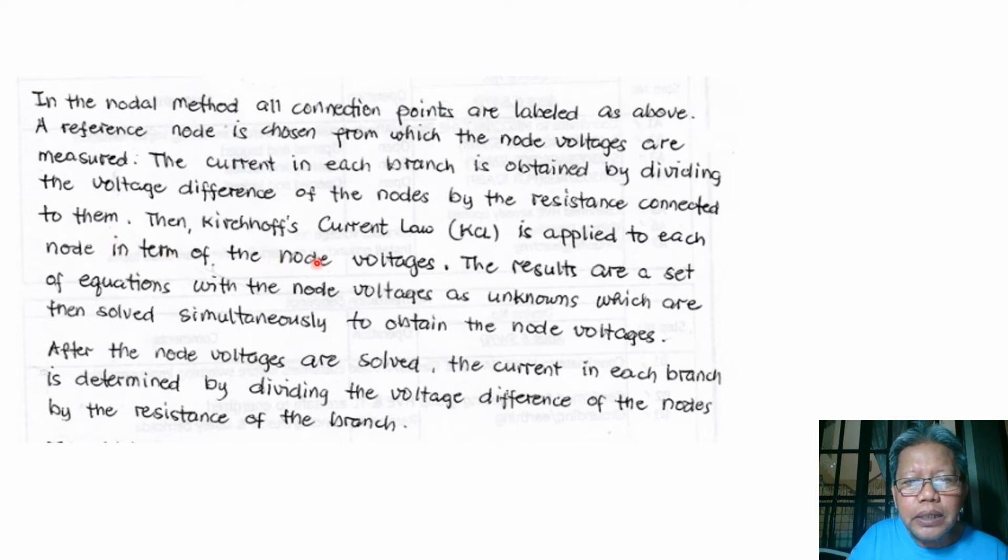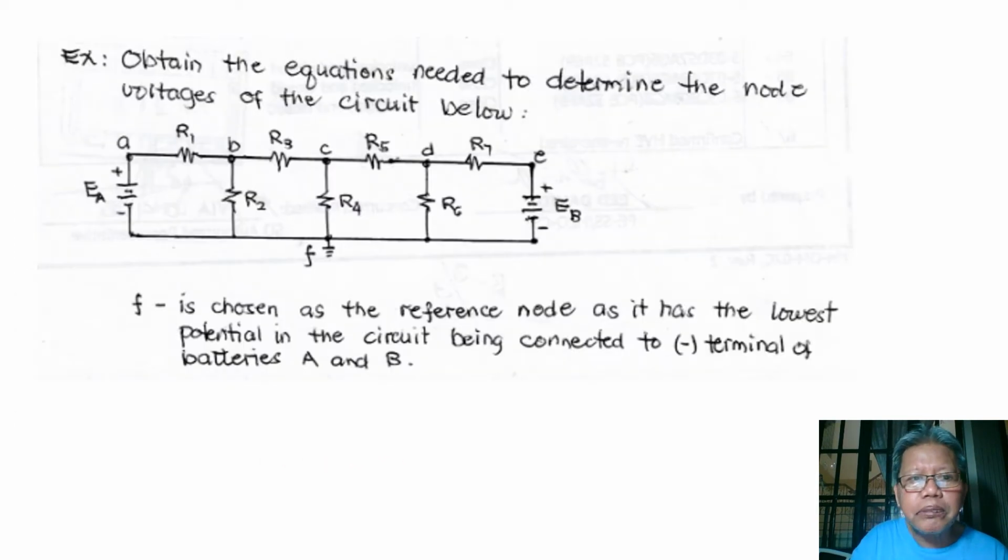Then Kirchhoff's current law is applied to each node in terms of the node voltages. The results are a set of equations, with the node voltages as unknowns, which are then solved simultaneously to obtain the node voltages. After the node voltages are solved, the current in each branch is determined by dividing the voltage difference of the nodes by the resistance of the branch.